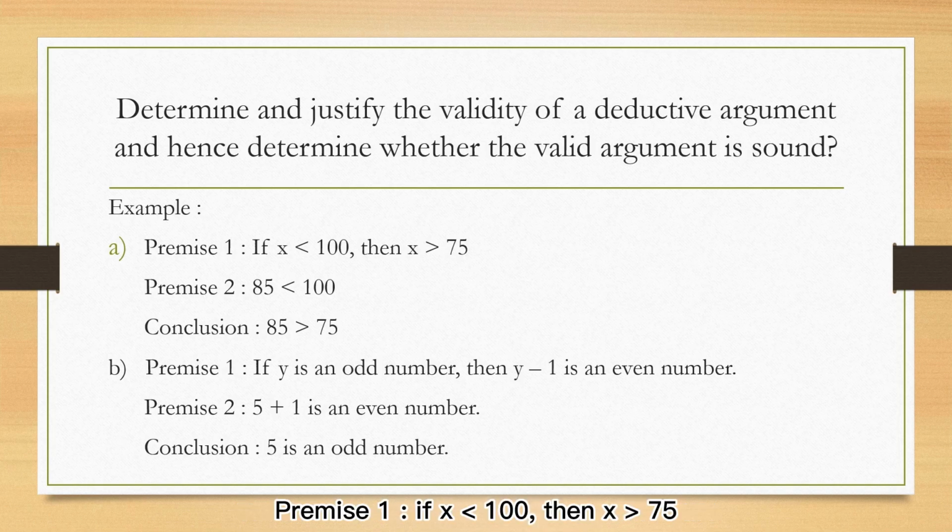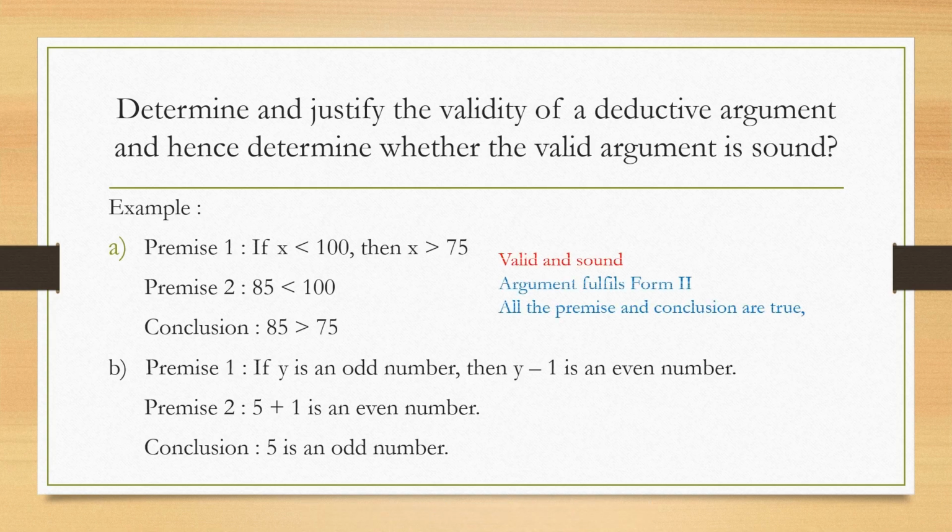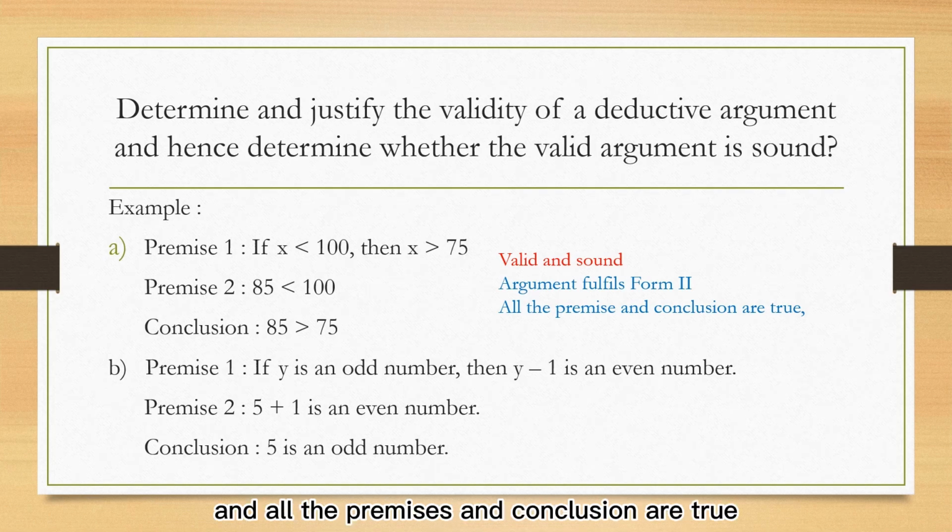Question 8. Premise 1. If x is less than 100, then x is greater than 75. Premise 2. 85 is less than 100. Conclusion: 85 is greater than 75. The answer is valid and sound, because the argument fulfills Form 2, and all the premises and conclusion are true.